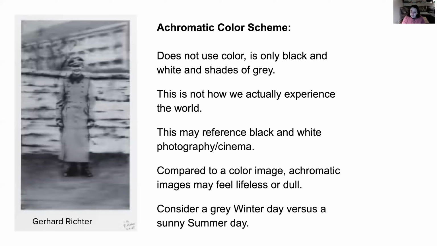I guess, like I've been saying, these days have been very gray outside. So when we go outside, sometimes it's very gray. So maybe we do experience some achromatic color schemes in the world, but they do have colors. They're just very muted. So if an artist is using an achromatic color scheme, there's a very specific reason for that.